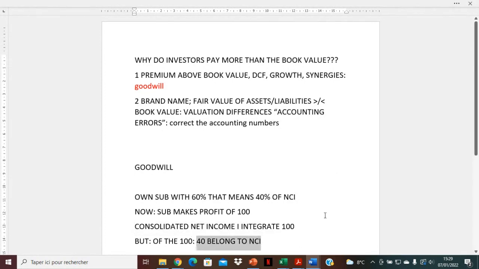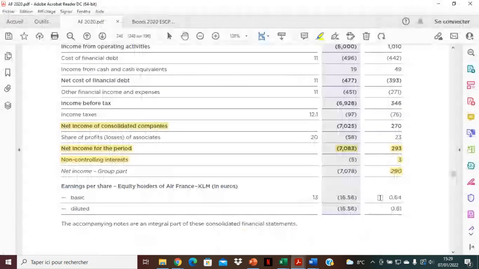And only the remaining part is what belongs to the parent shareholder. So total consolidated profit 293. I reduce that, deduct the profit belonging to NCI, and the remaining profit is the one that belongs to the shareholders of the parent company. So to the parent company and therefore to the shareholders of the parent company. Okay, Hangwu. All right, very good.